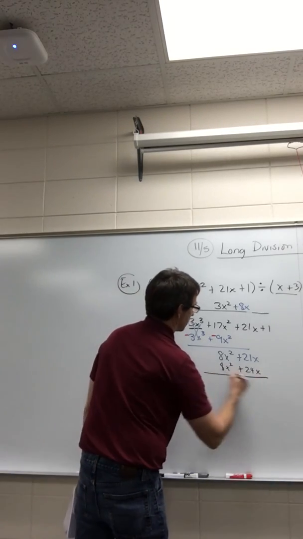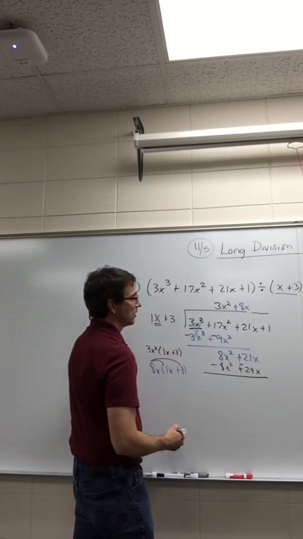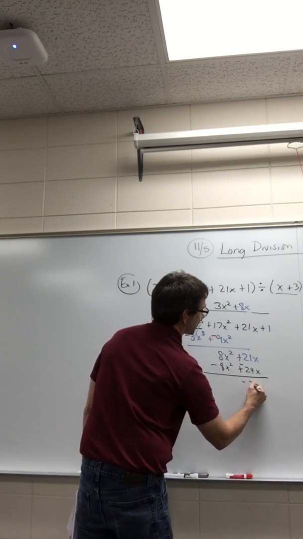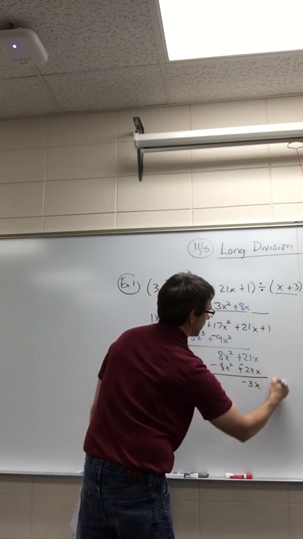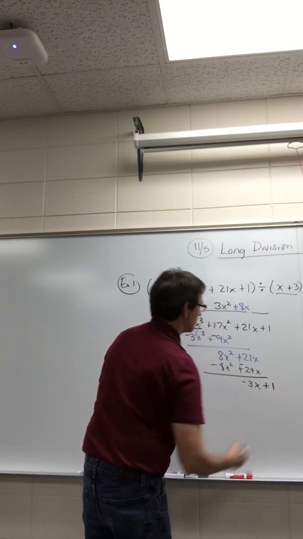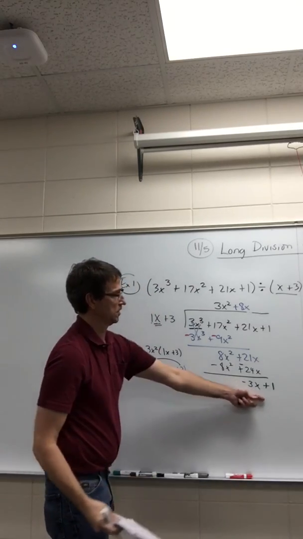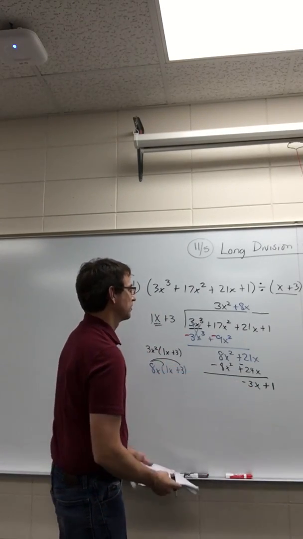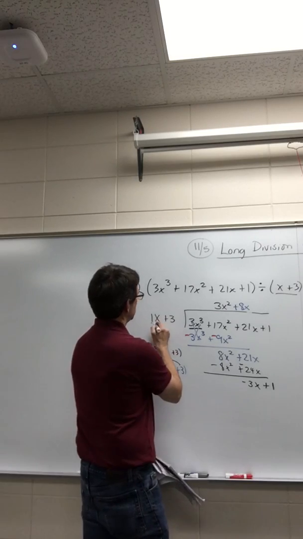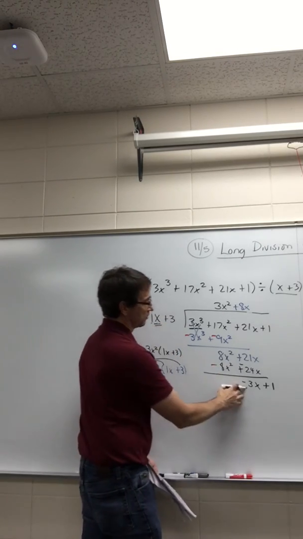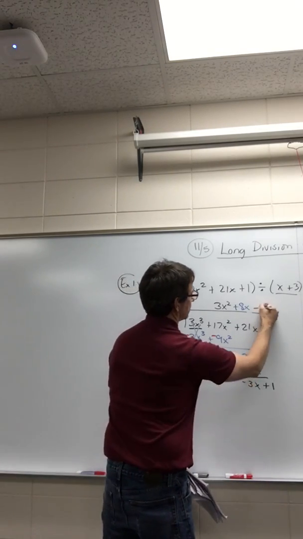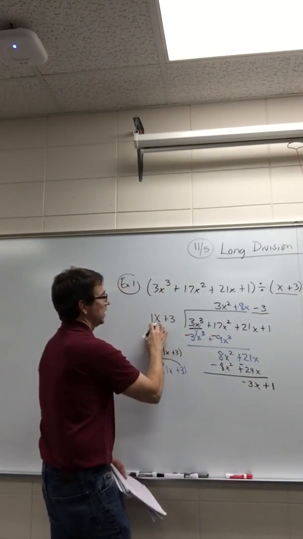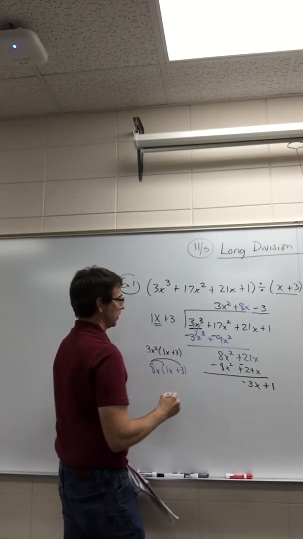And now I subtract: change signs, add down. I end up with negative 3x. I copy down the next term, and I keep copying down the next term until I'm out of terms. I do the same thing again. I have to multiply 1 times what to get to negative 3? Well, negative 3, and I already have an x, so I don't need any more x's.